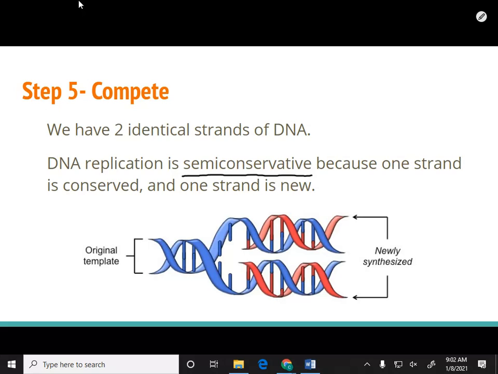So every strand of DNA is half new and half of what the strand before it was. So if you had a cell, and that cell replicated, each one of its daughter cells will have half of its DNA molecule be the exact same one as the original cell, and half of it will be new. So we've got our original DNA strand, half of it's going to be newly synthesized DNA, and half of it is going to be that original template.